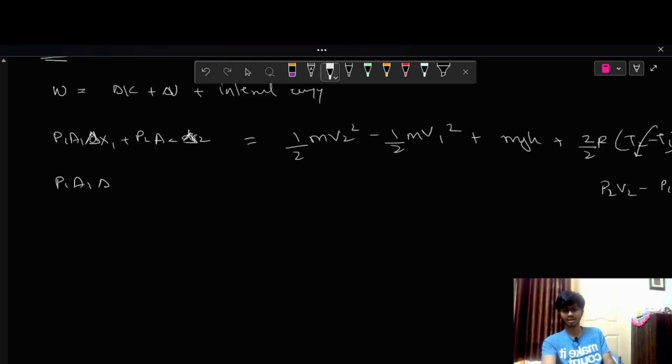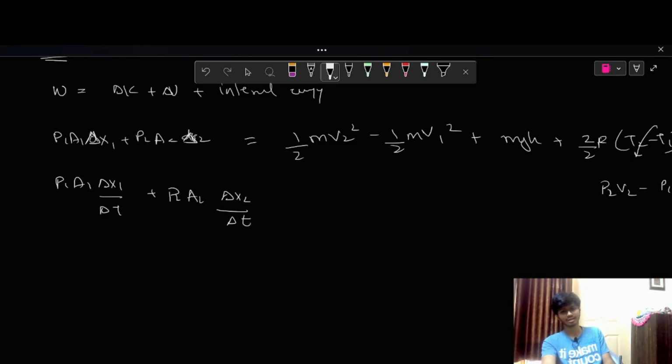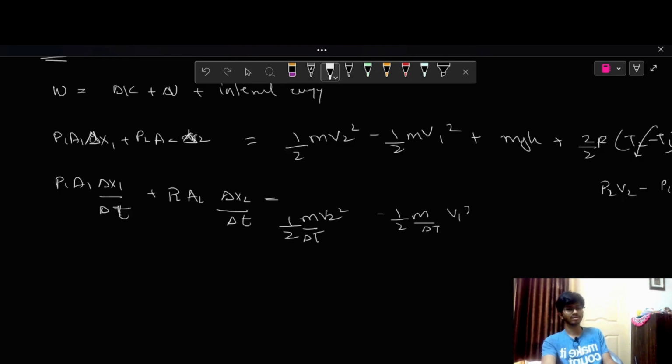P1 A1 delta x1 by delta t plus P2 A2 delta x2 by delta t is equal to half m v2 squared by delta t minus half m v1 squared by delta t plus mgh by delta t.